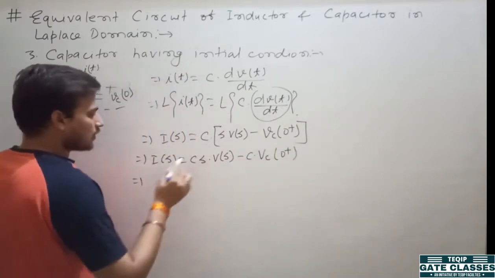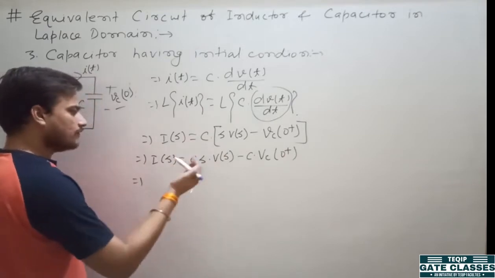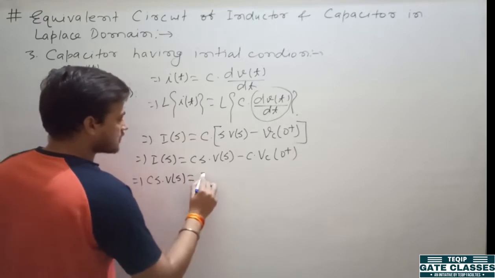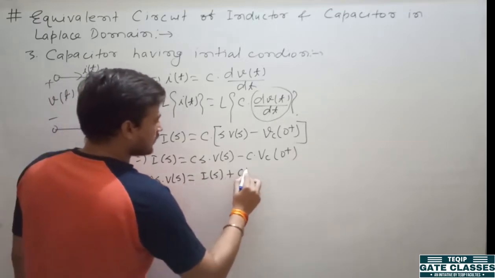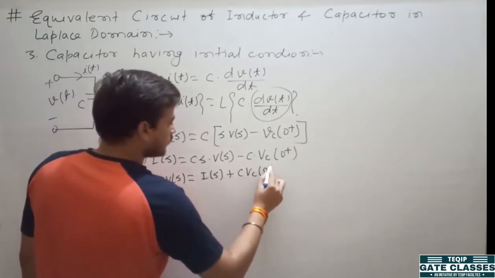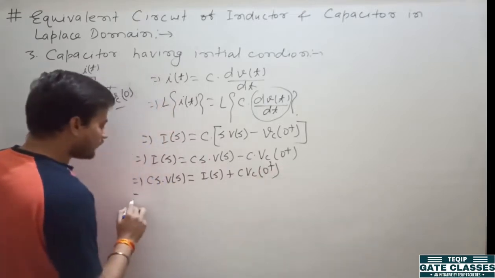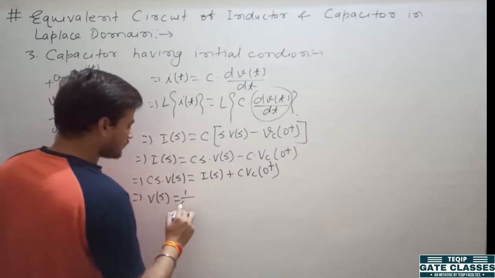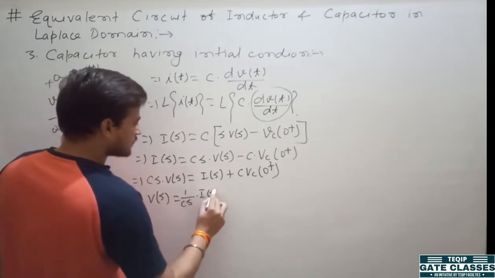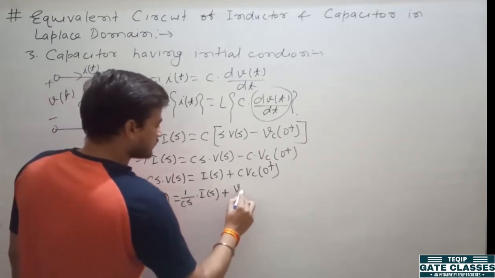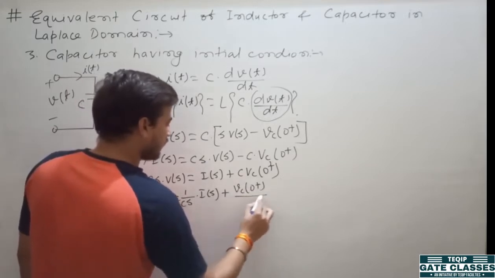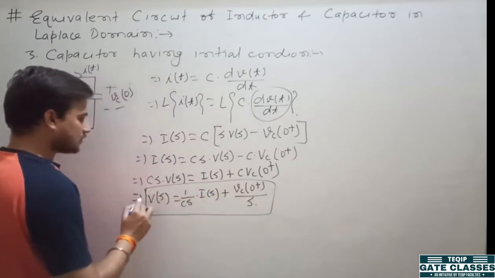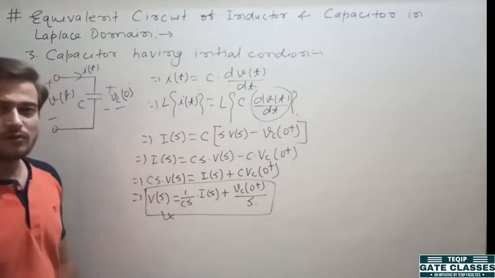Since we have to write in terms of Vs, Cs into Vs will be equal to Is plus C into Vc0 plus. Now we divide by Cs. So Vs will be equal to 1 upon Cs into Is plus Vc0 plus divided by S. So this is the final equation of the capacitor in the Laplace domain.